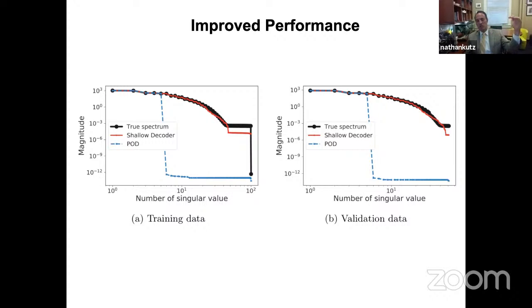Notice it just sticks onto the black for a long, long ways, whereas the linear map falls off very quickly. In fact, you fall off after 5 or 6 singular values, and then it just doesn't do a very good job. Whereas you get the right spectrum if you use this shallow decoder.